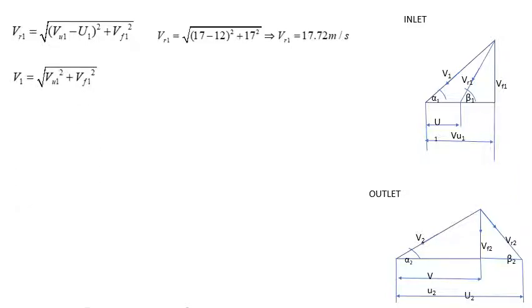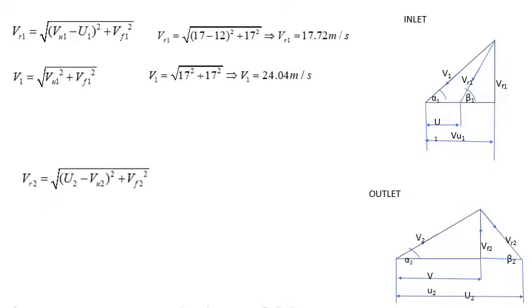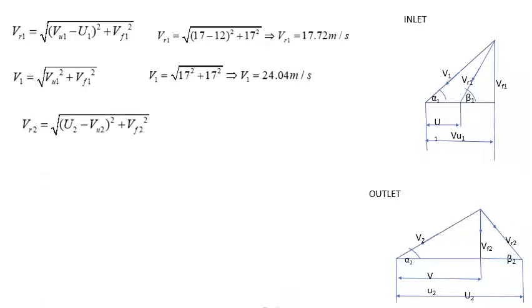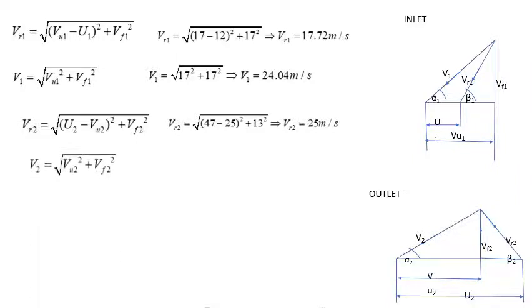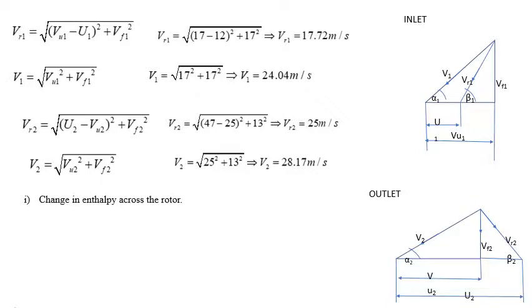Then similarly, you have to find out the value of V1, and that value is 24.04 meter per second. Then find out the value of VR2 by the relation, and VR2 value is 25 meter per second. Then find out the value of V2, that is equal to 28.17 meter per second.